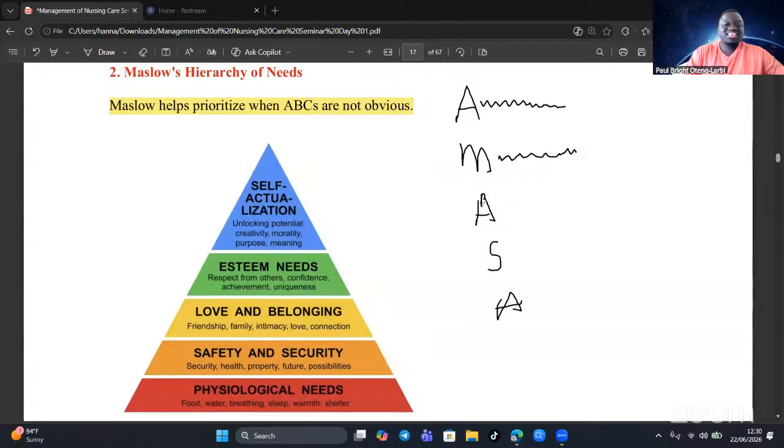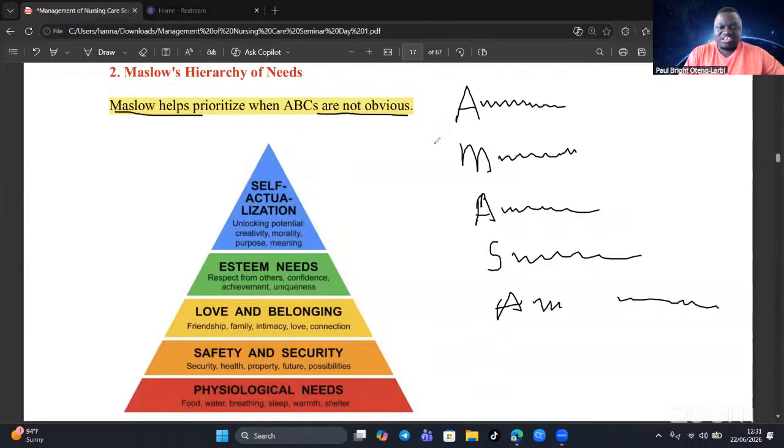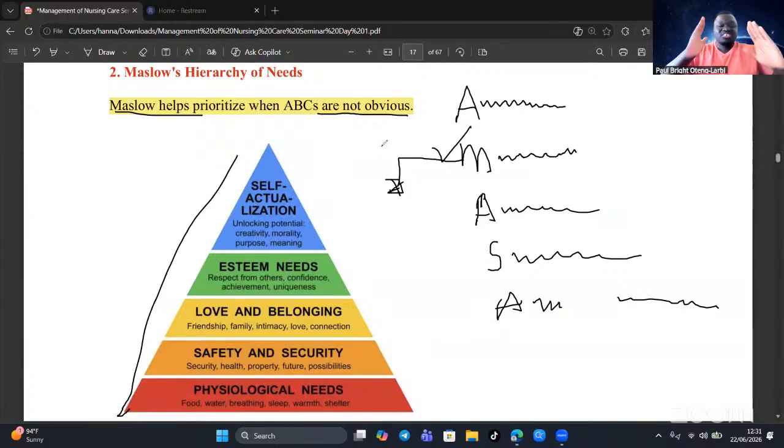Can I see any acute or chronic? Can I see any stable or unstable? And can I see any actual or potential complication? So you did your first check. The question said that if ABCD is not obvious, use what? The Maslow to prioritize. So Maslow second. Then you ask yourself, when you go down, you should know all these things. When you go down and you see that, okay, this is a Maslow hierarchy of needs question.